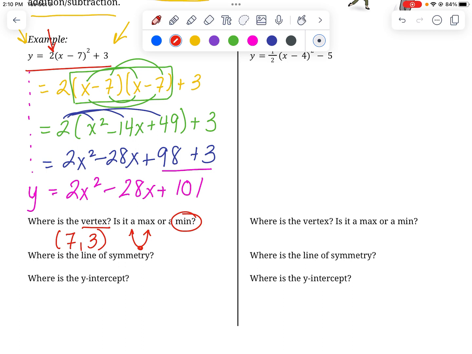The line of symmetry, as always, goes through the vertex. It's a vertical line, x equals 7, and the y-intercept is actually easier to see because of knowing standard form. This value here at the end is my y-intercept, and on the y-axis, the x-coordinate is 0. So 0, 101 is my y-intercept.